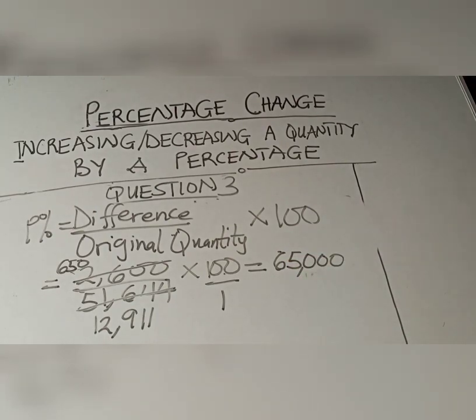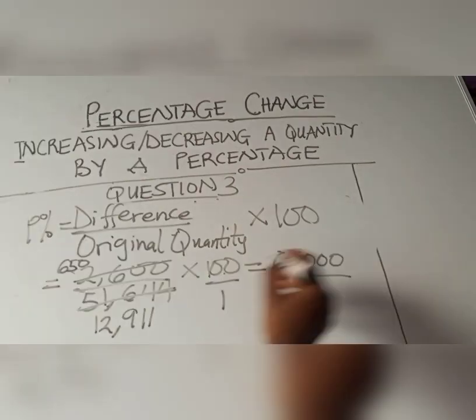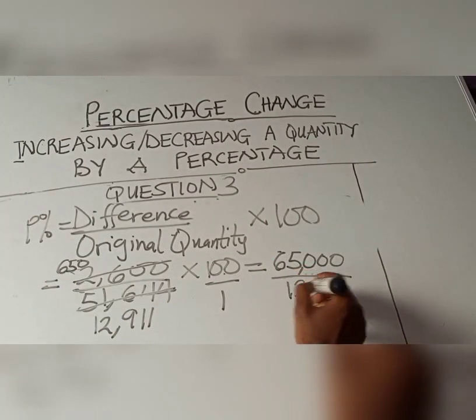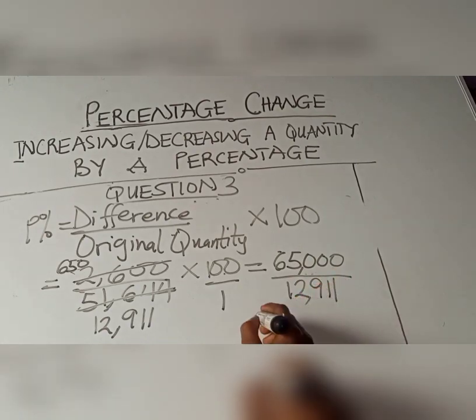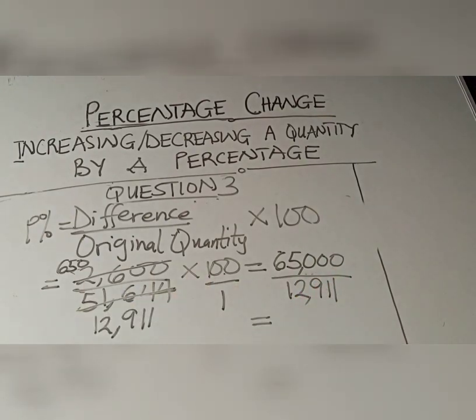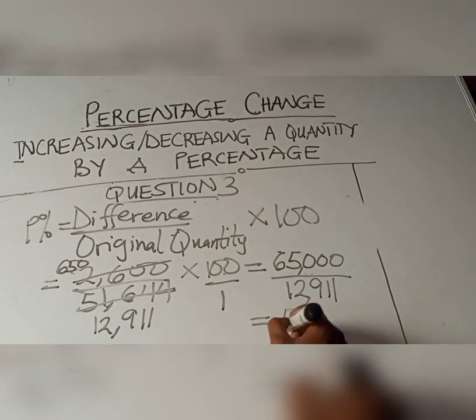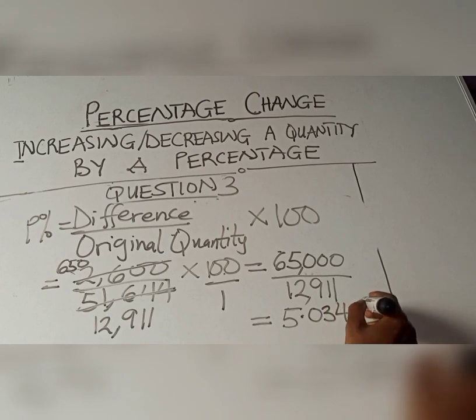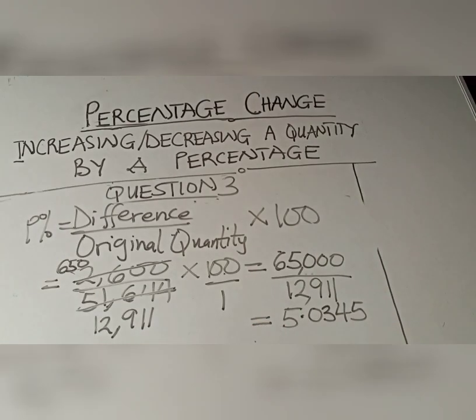65,000 out of 12,911 by 1, which is 12,911. Now when we divide this, we have 5.0345, some decimal numbers. Now we want to round it off.